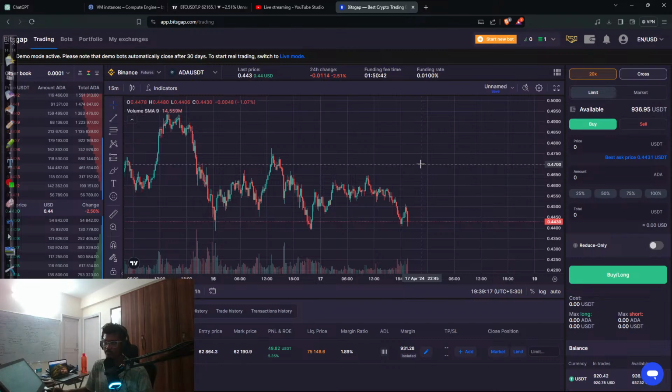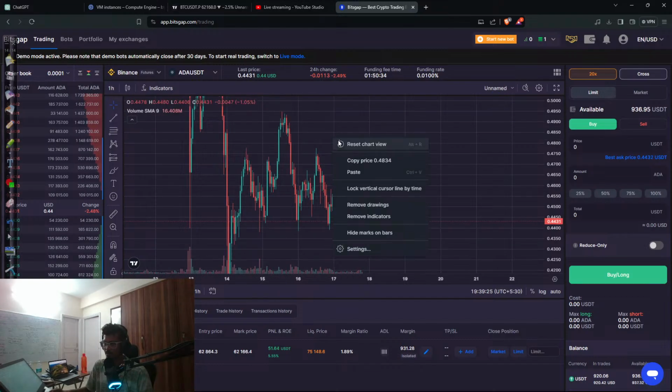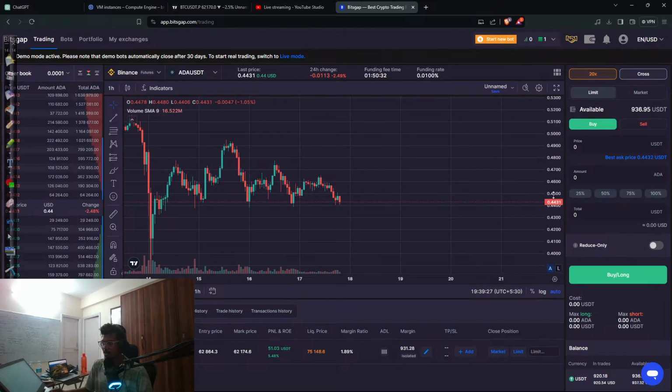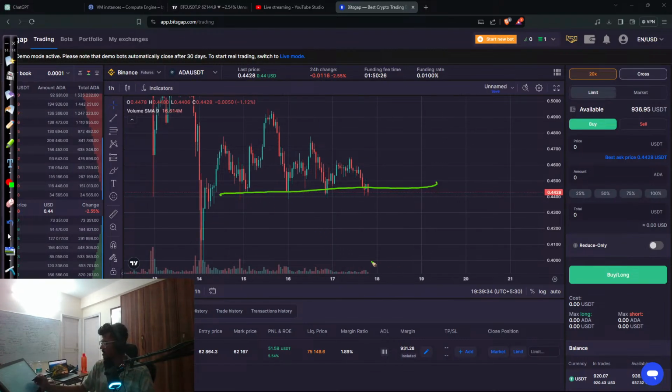What I can see here on the 1-hour chart on ADA is that it's kind of at the bottom. It's holding this level.